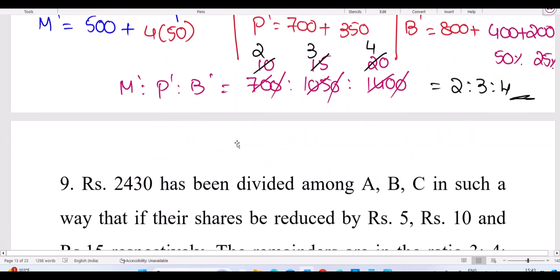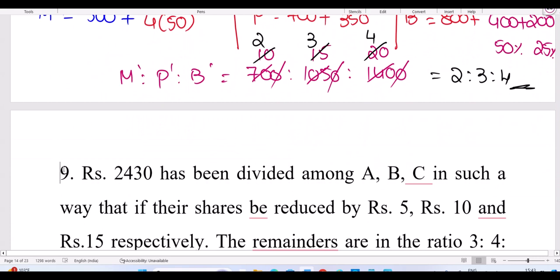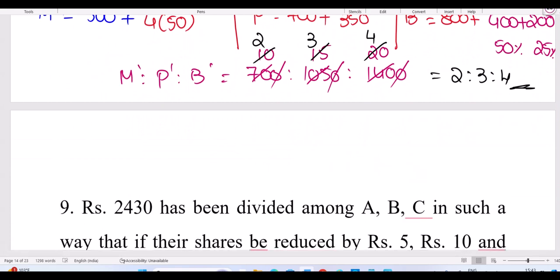Now, the second method, in a single step. Second method, M dash, I am writing directly in a single step. First one, how much increase? I am writing 140%. Why 140? 100% means same, 40% means increase, so 140%.